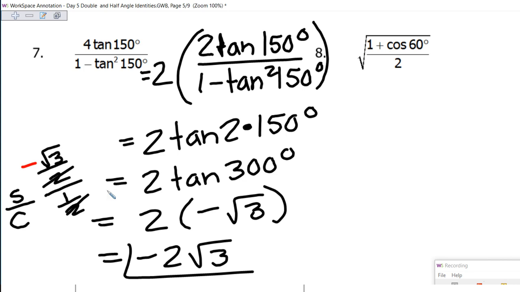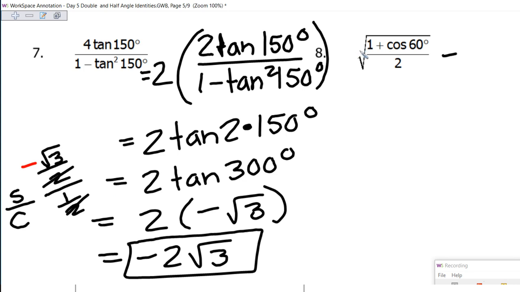Number 8. Now I have a square root. So if you have a square root, it's going to be one of the half angle identities. So notice we have a 1 plus cosine, and we have a 2 in the denominator. So which one of those has 1 plus cosine in the numerator and a 2 in the denominator? Cosine of a over 2.